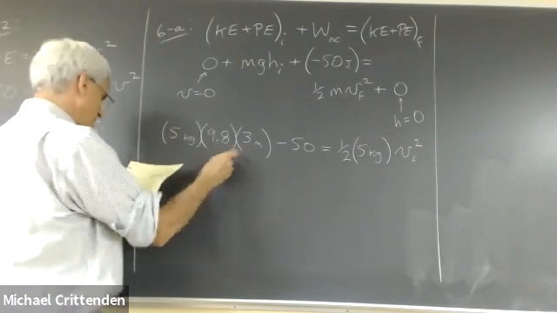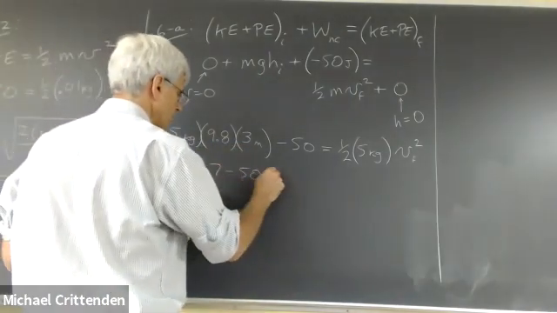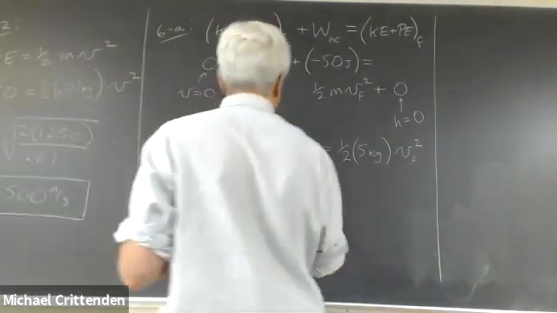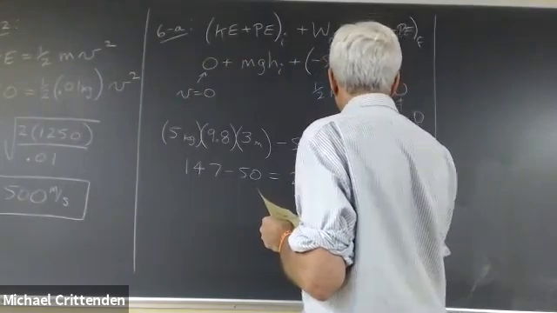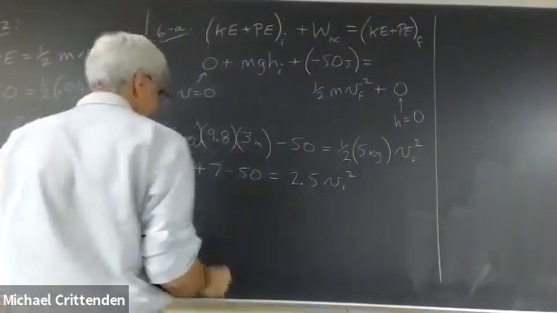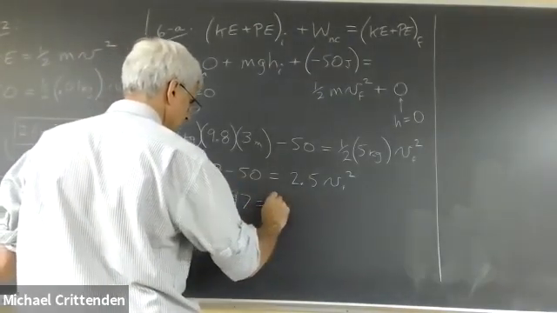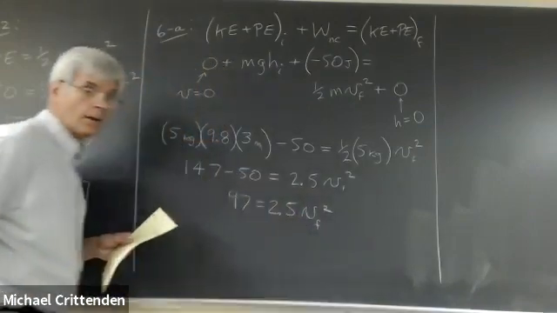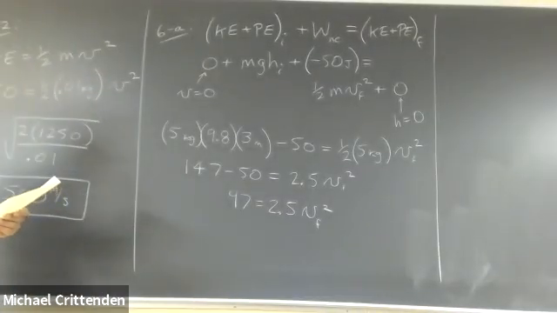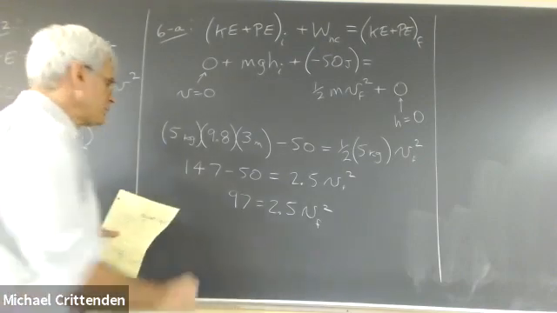That times that times that, 147. Half of 5 is 2.5. That minus that is 97. And then divide by 2.5, followed by take the square root.